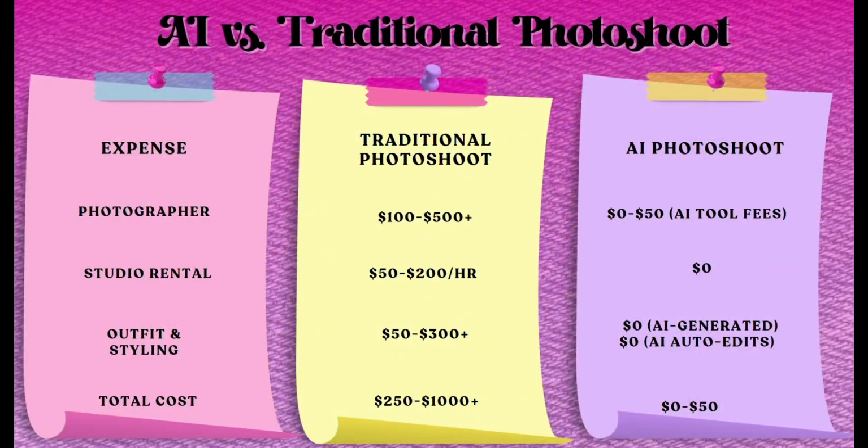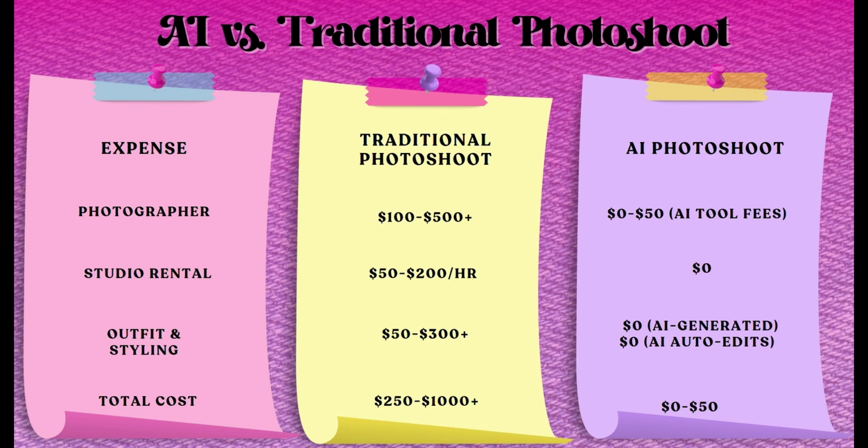And here is an AI versus traditional photo shoot. We have expenses, a regular photo shoot versus an AI photo shoot. So you're going to pay a lot more money trying to get a photographer, a studio rental, and paying for your outfits compared to an AI.